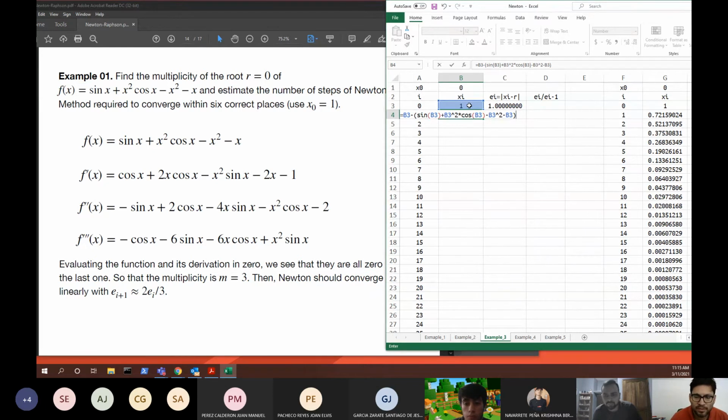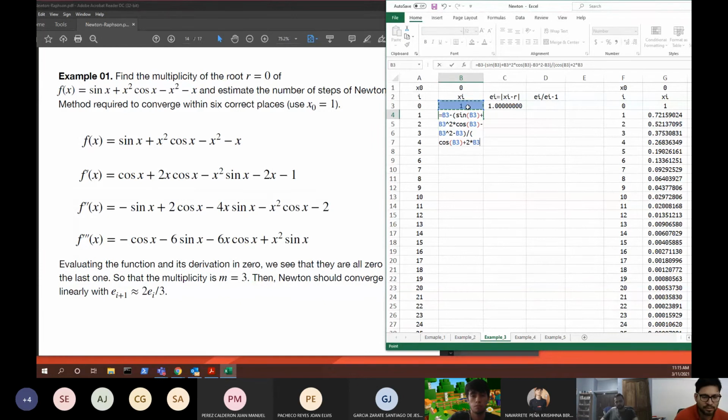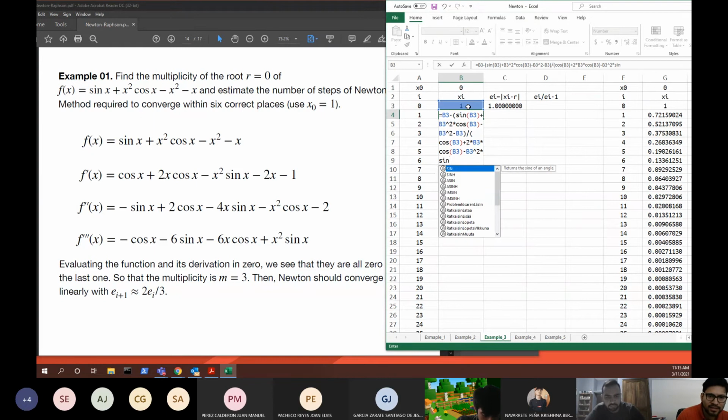Then we divide and open another parenthesis: cosine of this formula plus 2 times this value times cosine of that value again minus this value to the power 2 times sine of this value, minus 2 times this value minus 1. Is that correct?